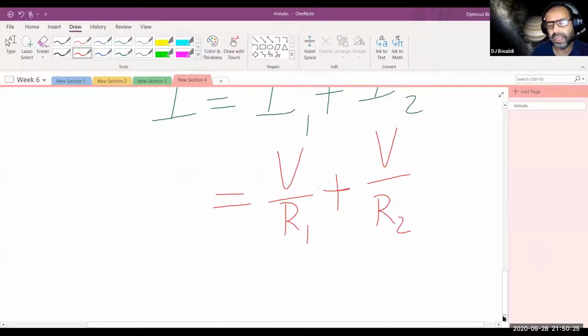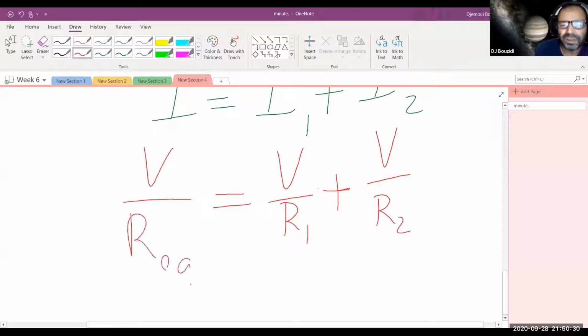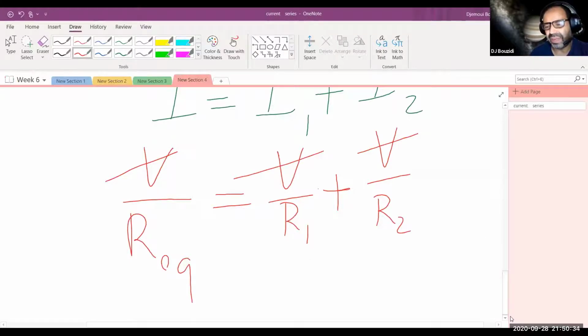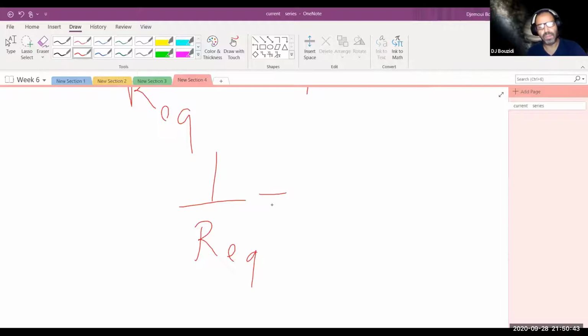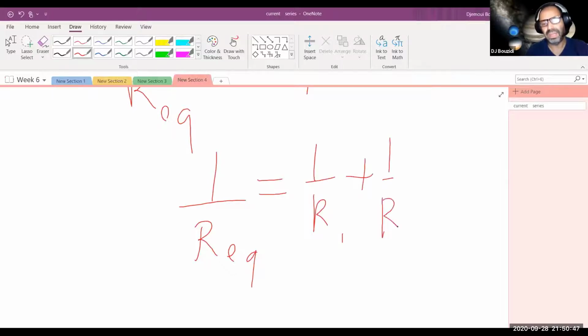So this I must also be V over R equivalent. Cancel the V from both sides, and the R equivalent in the case of the parallel is going to be the inverse of the sum of the inverses: 1 over R1 plus 1 over R2. If I have a third one, it's going to be 1 over R3 and so on and so forth.